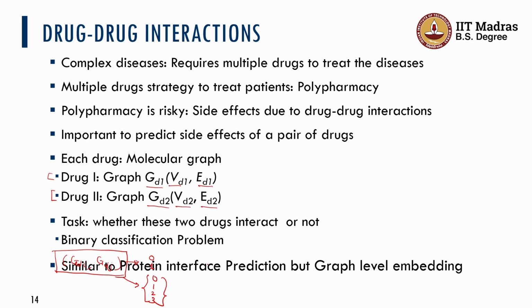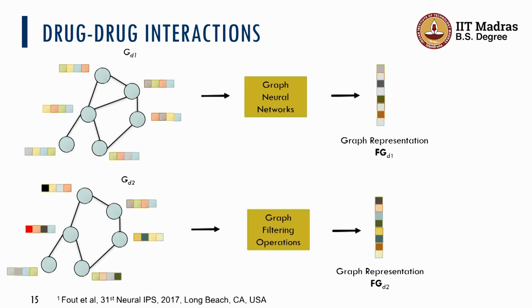We are going to define here a graph level representation using node features, of course, but unlike the protein interface prediction task, we are not going to stop at learning the node features. We are going to also learn graph level embedding. So we are going to use pooling operations in this particular case.